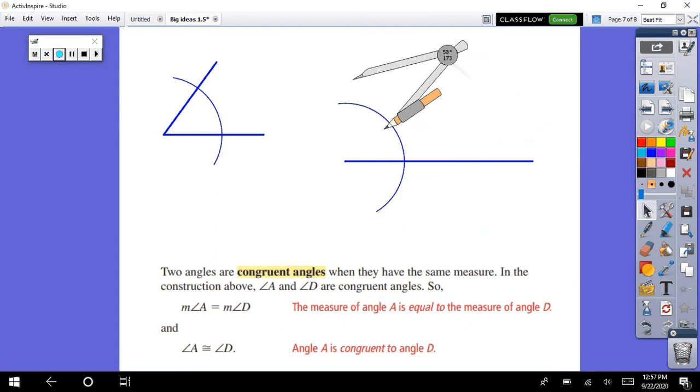Now here's the tricky part. Go to your old angle and measure the distance, or the width, of the opening at that point. So be precise with it. All right. Once you have that opening measured, then you want to come over here. I have to flip my compass.